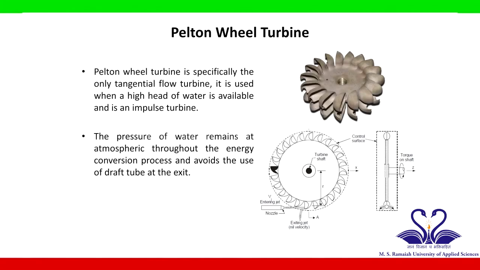Pelton wheel turbine is specifically the only tangential flow turbine. It is used when a high head of water is available and is an impulse turbine. The pressure of water remains at atmospheric throughout the energy conversion process and avoids the use of draft tube at the exit.